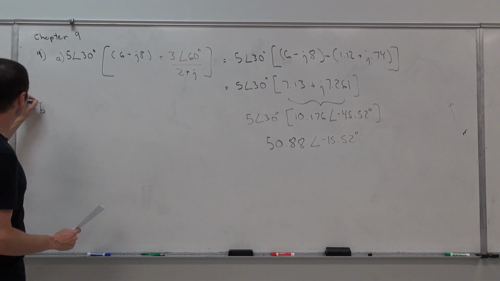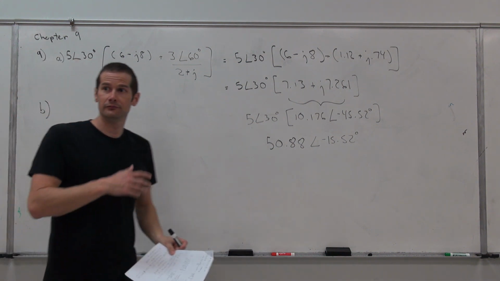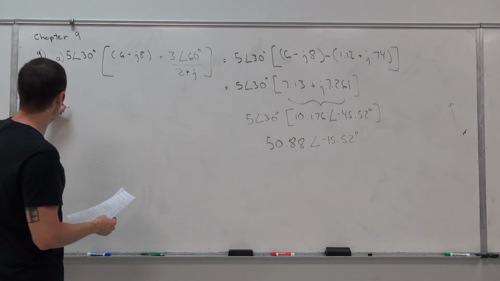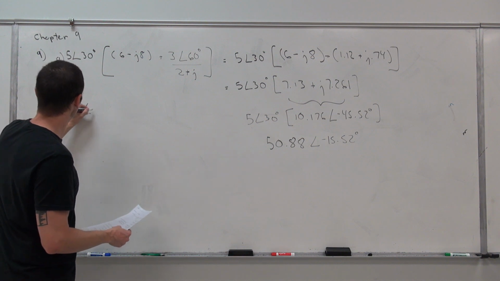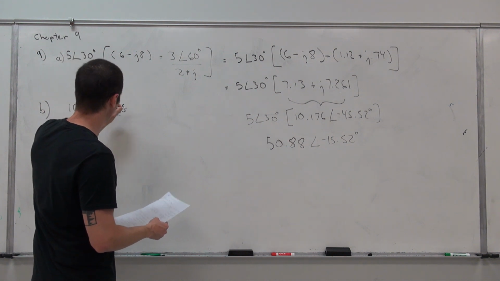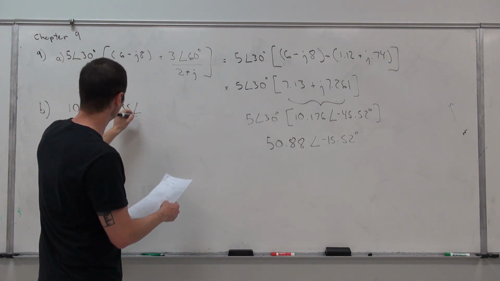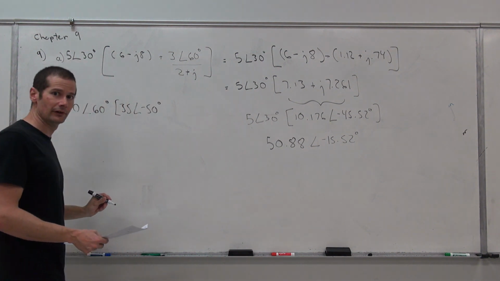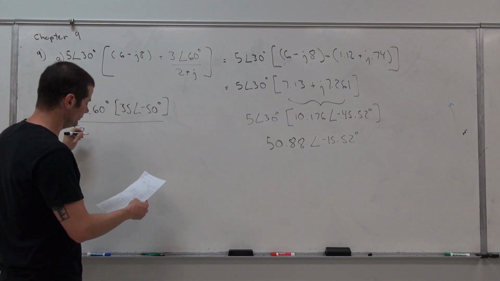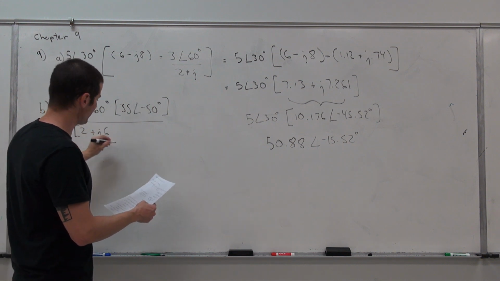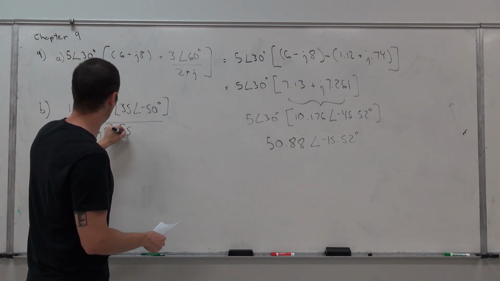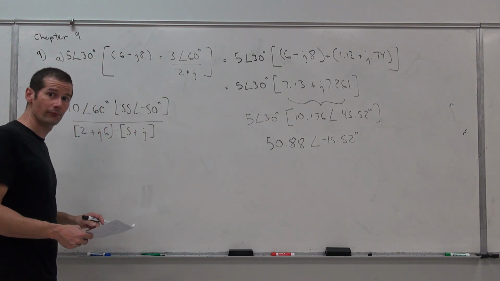For part B, we had a numerator multiplication and a denominator subtraction. Here we had 10 at an angle of 60 degrees multiplied by 35 at an angle of negative 50 degrees, all divided by 2 plus j6 minus 5 plus j.